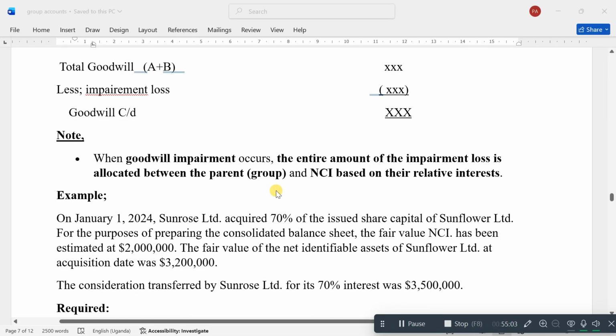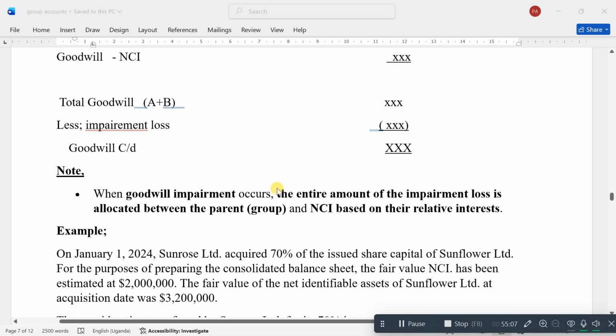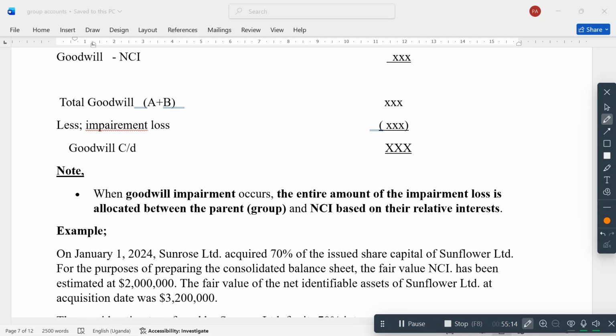Note, this note is really very important. Sometimes you may find that your question has given you, after calculating goodwill and adding to get this total goodwill, an impairment loss resulting from your goodwill.